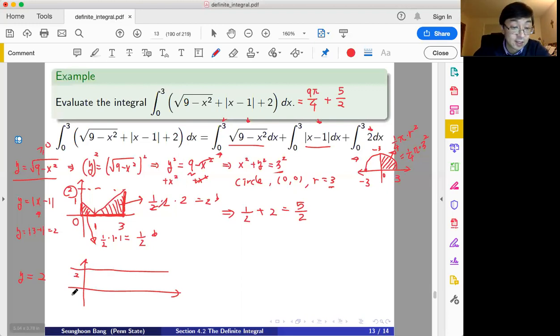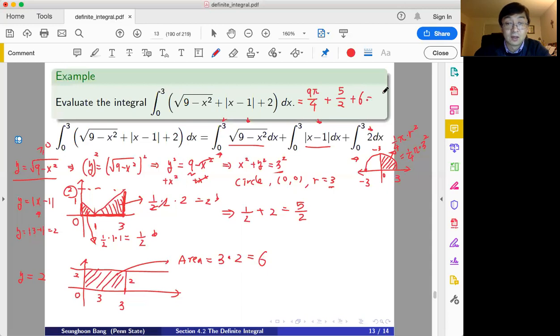Lower limit is 0, upper limit is 3. You get exactly the area of this rectangle. The base is 3, height is 2. This area is 3 times 2. We have 6.